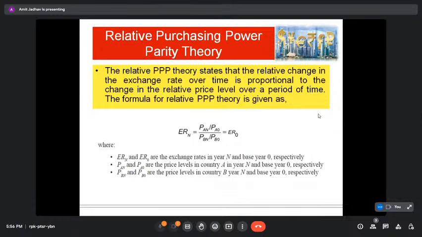And last, we have PBN and PB0, which are the price levels in country B in year N and year 0 respectively.